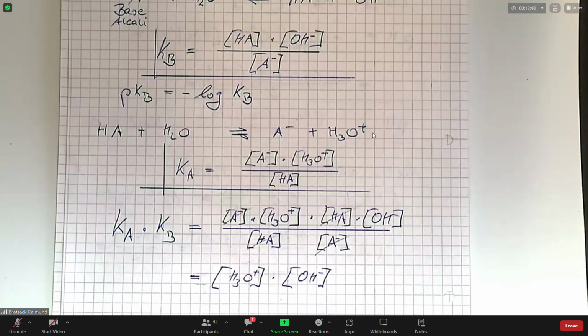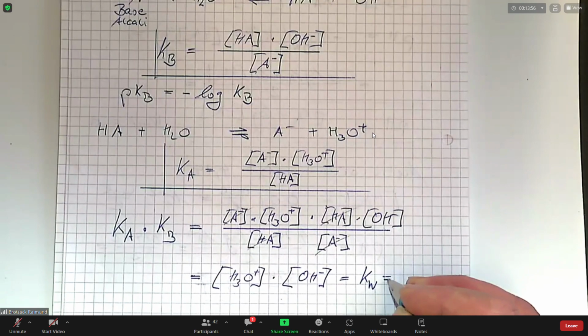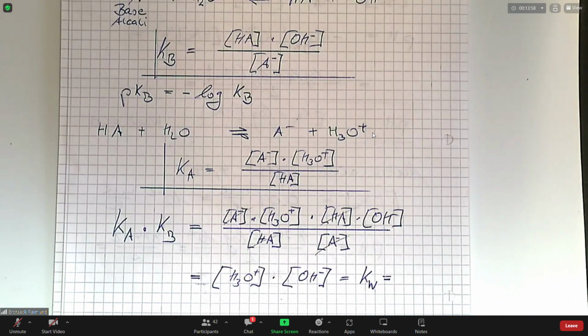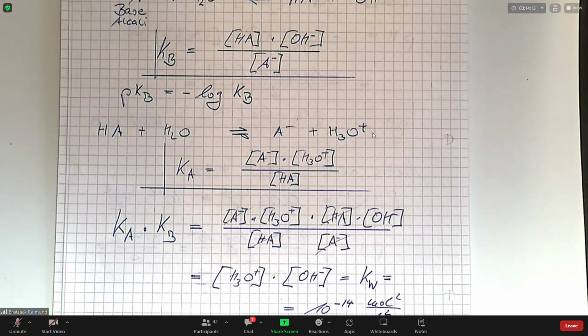It's Kw, the ionic product of the water. Very good. So this is Kw. And do you even know the value? Yeah, it is 10 to the power of negative 14 moles squared over liter squared. That's the ion product of water.